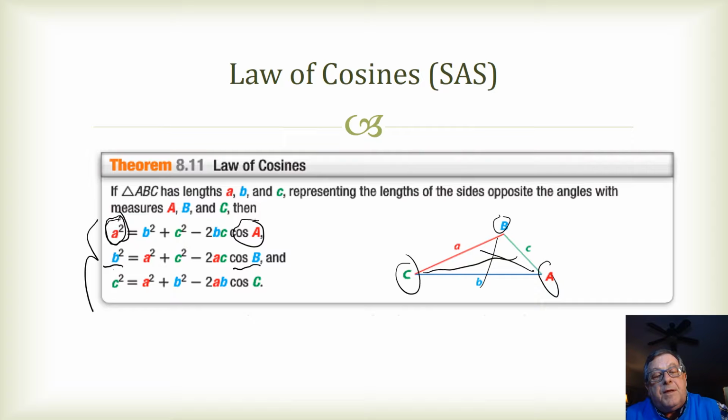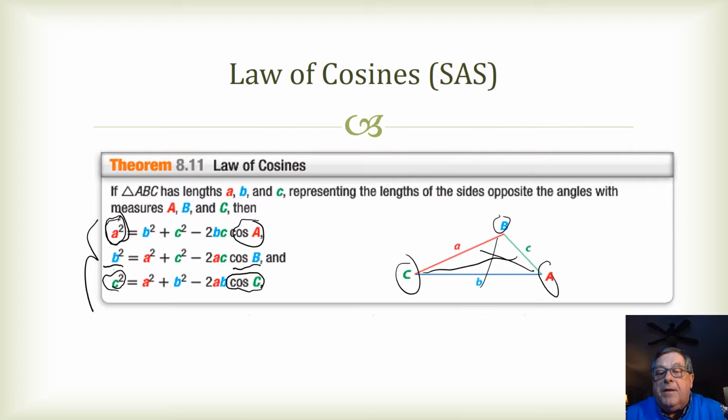If it is c squared that we're trying to find, where we know the angle of C, then we use the cosine of C. Or if we knew all three sides, but we needed to find the angle measure of C, then we'd use the inverse cosine.